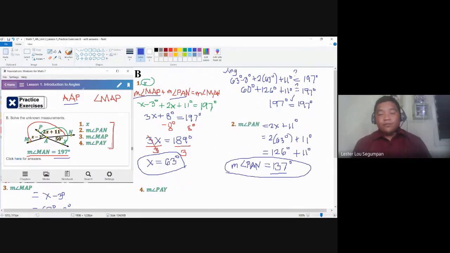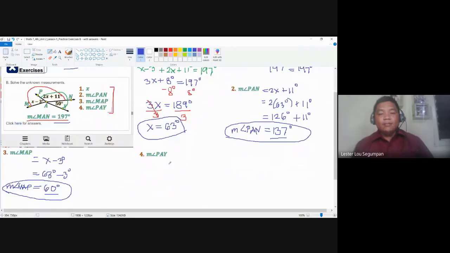As for number four, this is a combination of angle PAN and NAY, and therefore, we will do it like that under angle addition postulate. This is the measurement of angle PAN plus the measurement of angle NAY.